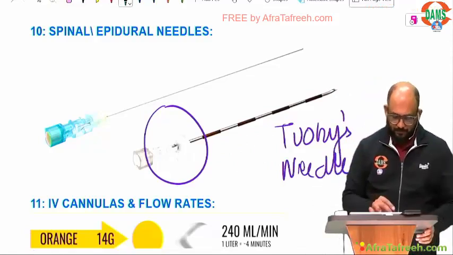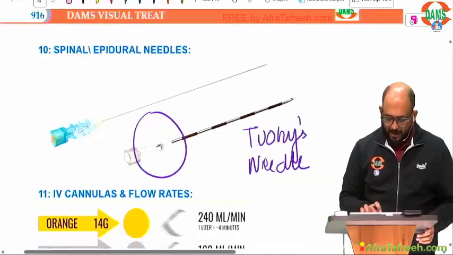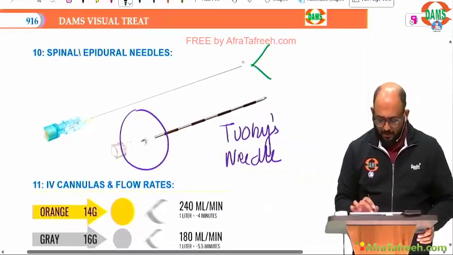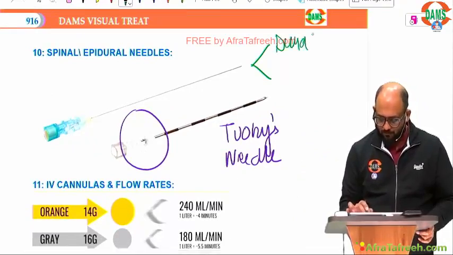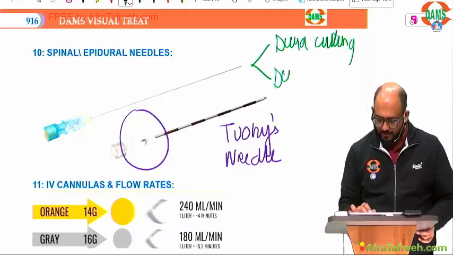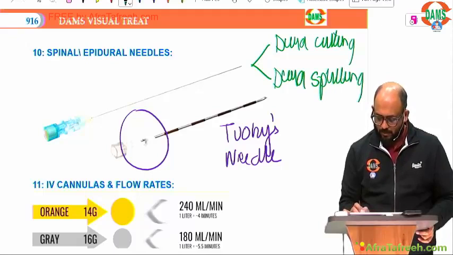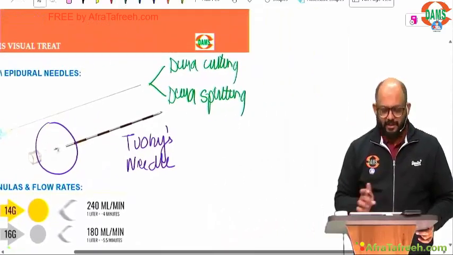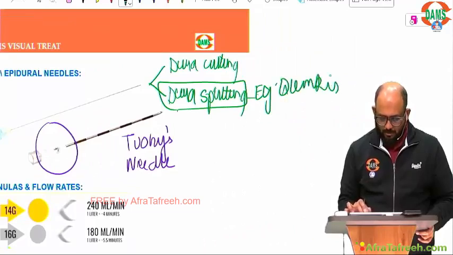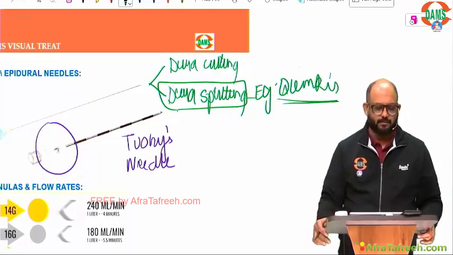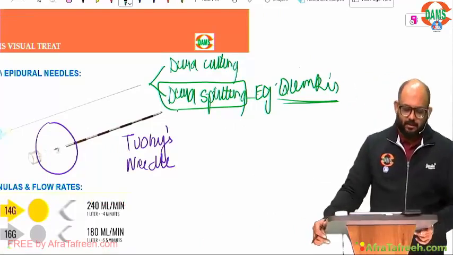This spinal needle can be either a dura cutting needle or a dura splitting needle. What you see here is a dura splitting needle. Just remember the name Quincke needle.